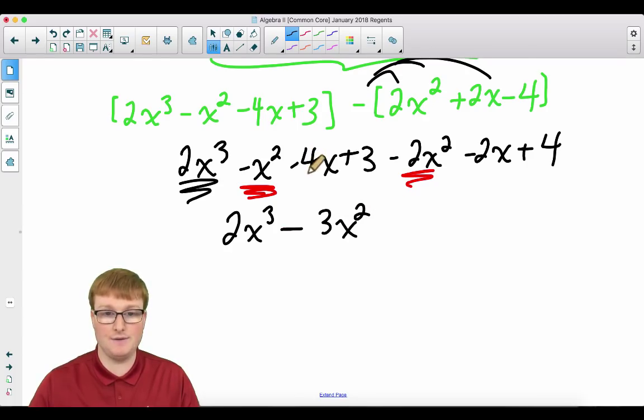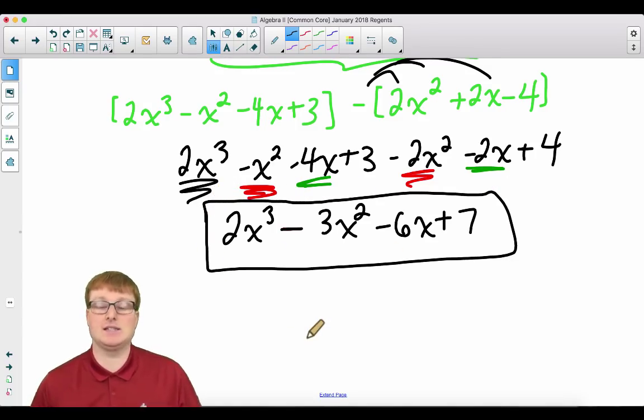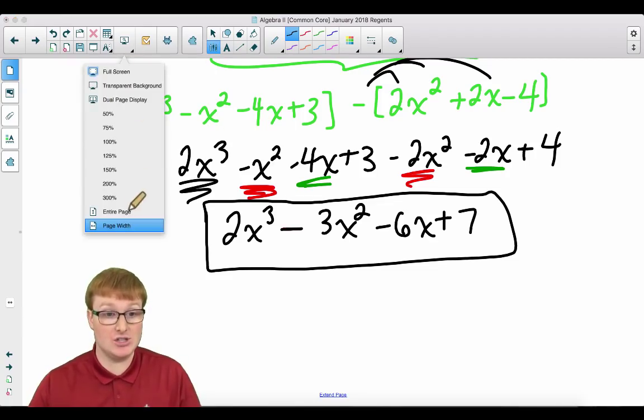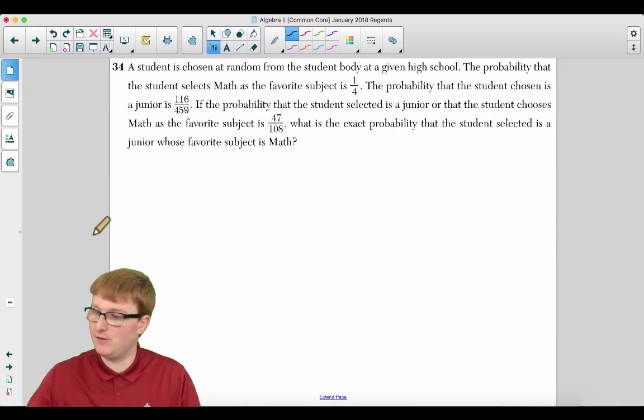I see a negative 4x and a negative 2x. That's going to be a negative 6x. And a 3 and a 4 gives us a 7. So your answer is going to be 2x to the third minus 3x squared minus 6x plus 7. Moving on to number 34.